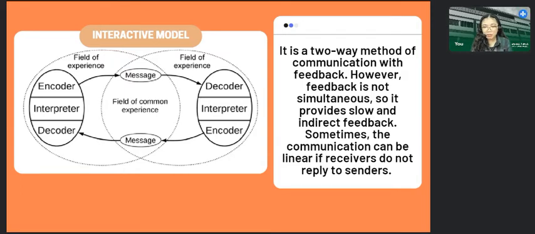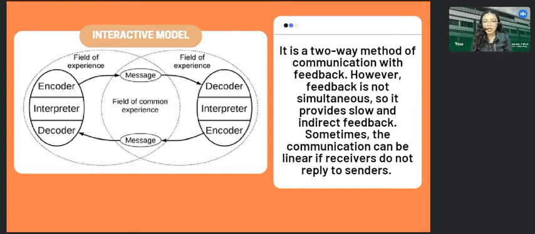Hindi siya ganun kabilis gaya ng na-experience natin while having transactional model of communication. Okay? So, in this model, the feedback is not faster and also the communication in this model is not simultaneous. Okay? So, sometimes the communication can be linear if receivers do not reply to senders.